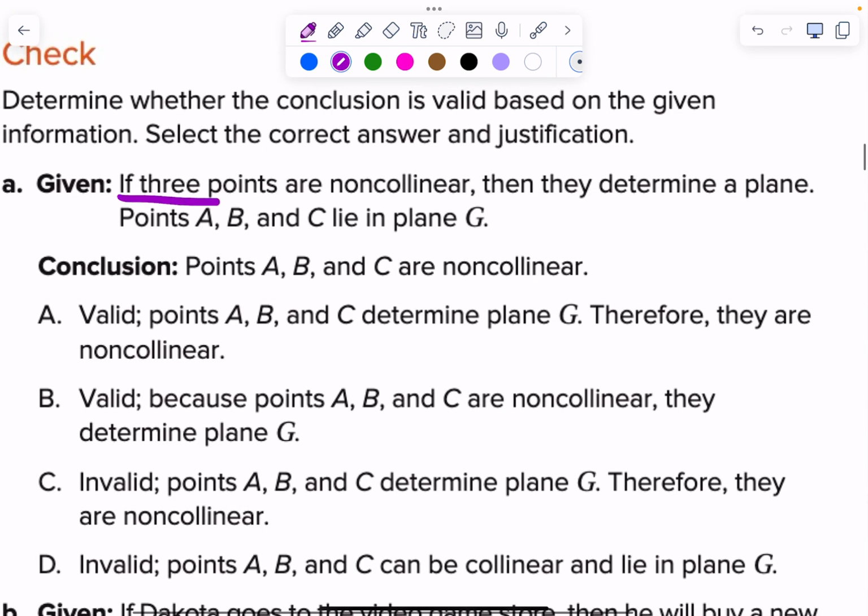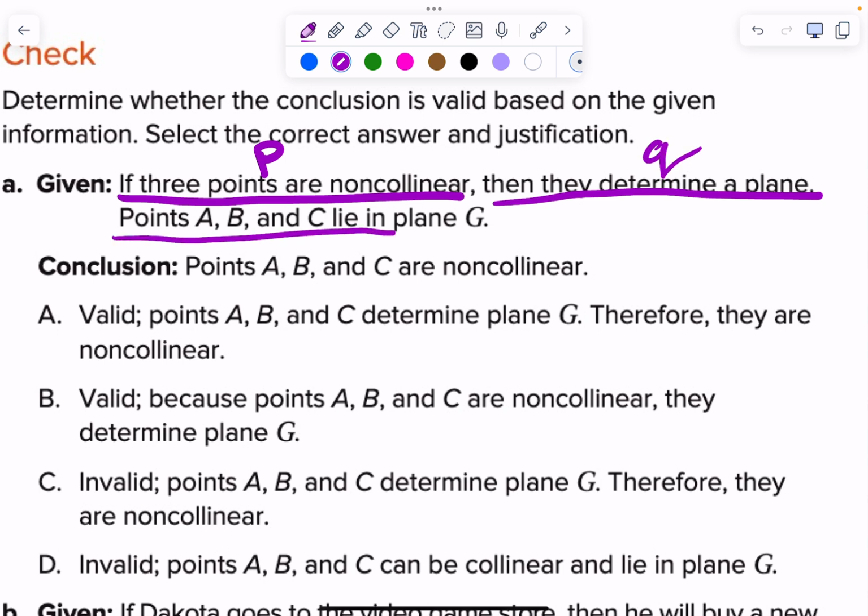All right, if three points are non-collinear, that's P. Then they determine a plane, that's Q. Points A, B, and C lie in plane G. Is that P or Q? That looks like a Q again. They determine a plane. They lie in a plane.